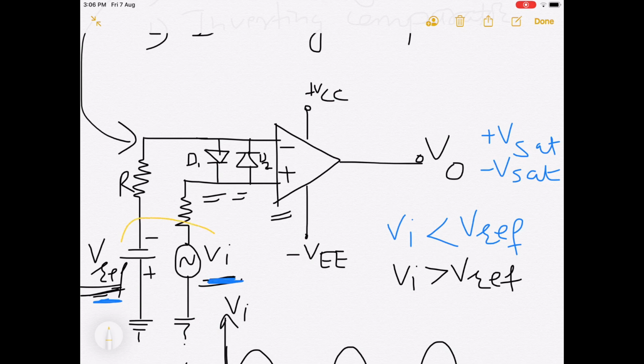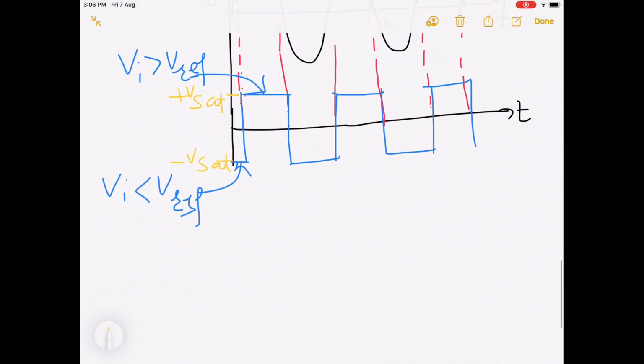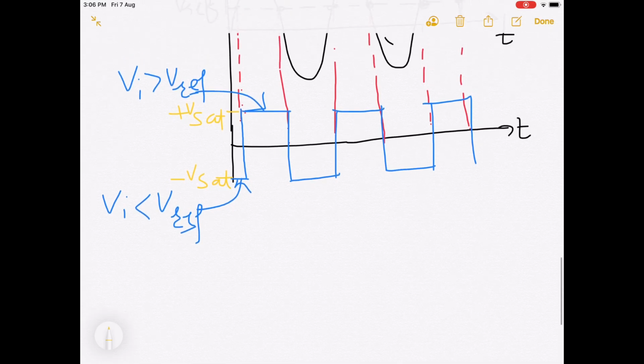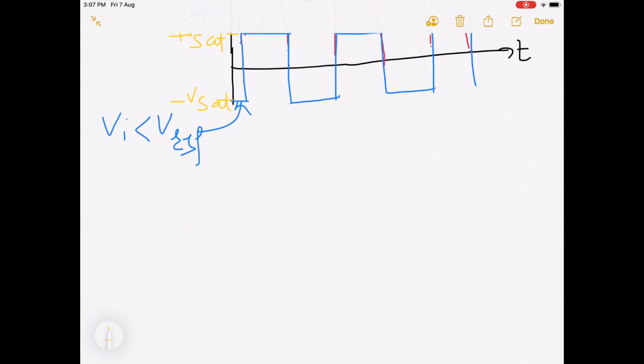So, this is the non-inverting comparator, and similarly for the inverting comparator, same circuit diagram, only you have to interchange Vi here and V reference here. Then if you plot the waveforms for that, inversion takes place for the positive half cycle. Again we will plot this for clarity in concept.